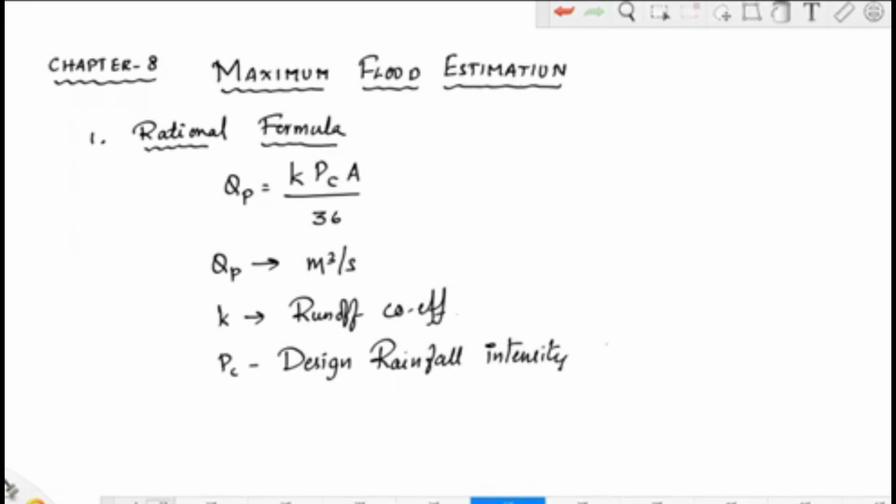It should be in terms of centimeter per hour. Capital A, catchment area in hectare. So this is the only formula which is important from this topic.